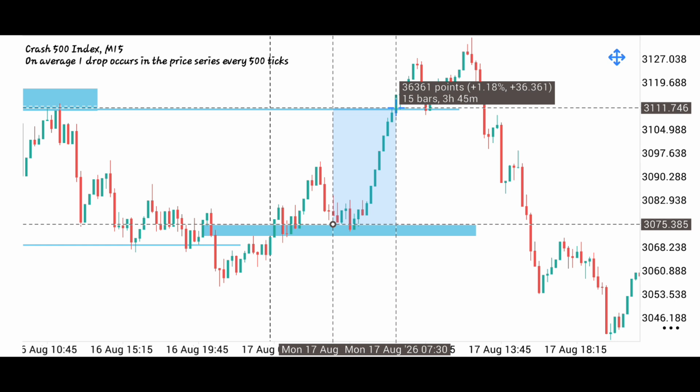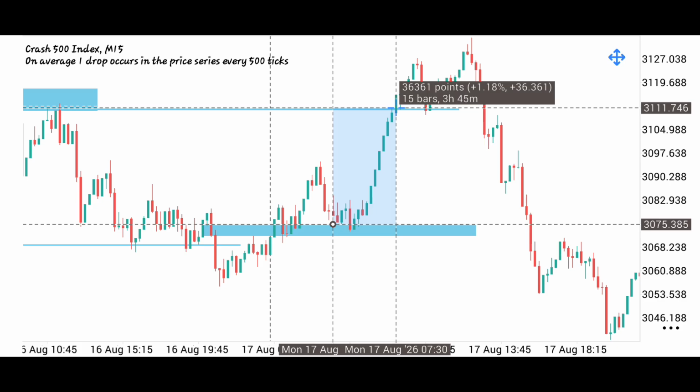So this was my ICT 2022 model on synthetic indices, especially the ones that people argue about, the boom and crash indices. Until we catch you next time, guys, I think we're going to have more, but this is something I said I have to share with everyone.